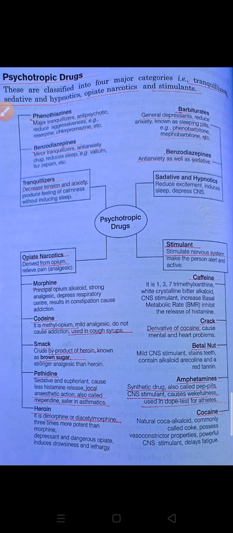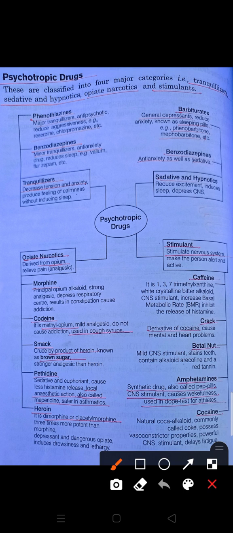It is a mild central nervous system stimulant, and it contains the alkaloid arecoline and red tannin. It is generally extracted from the betel nut palm, Areca catechu.